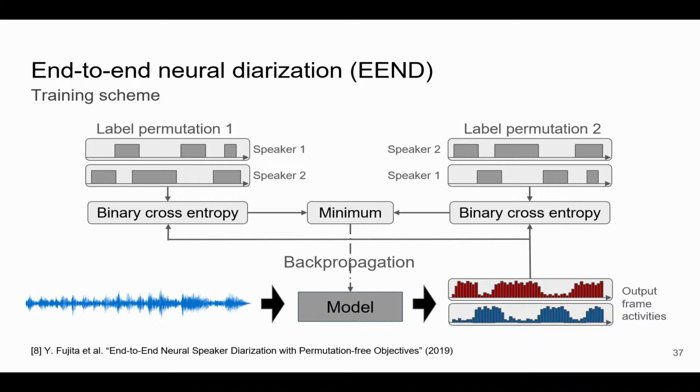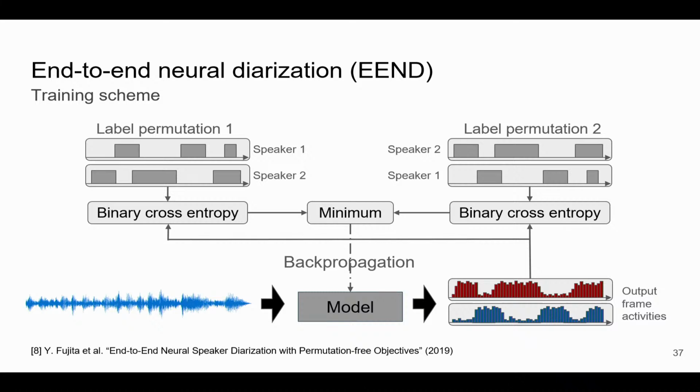You take your speech, give it to a network, and it gives you, for example, frame activities: some probability that this speaker was active, here very likely, here not so likely, and the same thing for the other speaker.